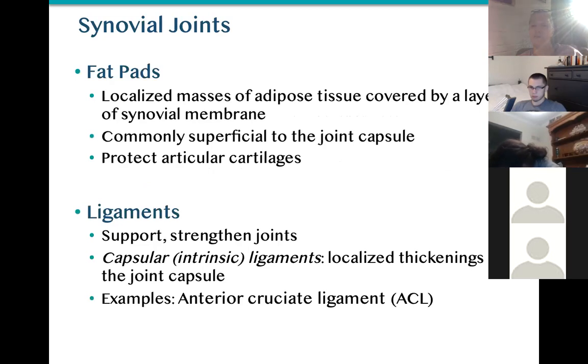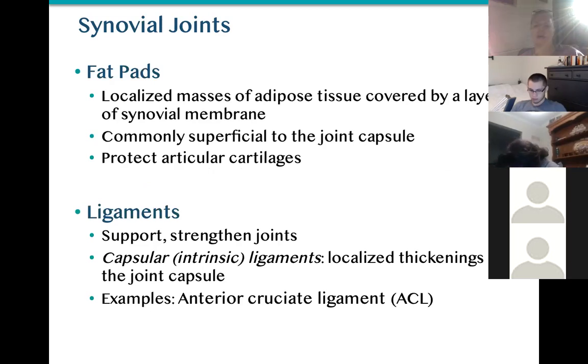You can have fat pads in the joint, and this will be localized masses of adipose tissue. And these tend to more often be superficial to the joint capsule, but you can sometimes have a little bit of fat pad extending into the joint capsule. And these will serve to protect those articular cartilages that are at the ends of the bones.